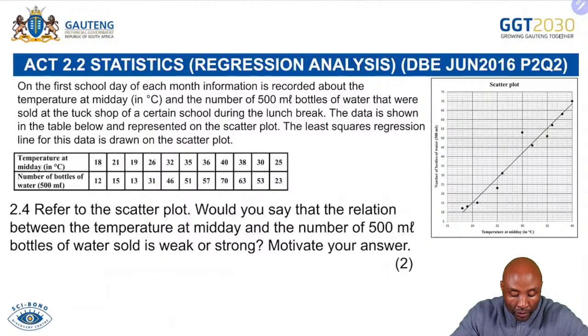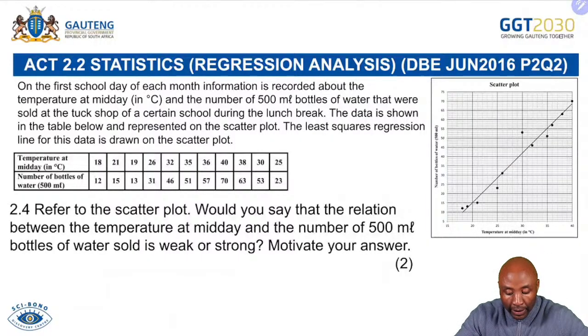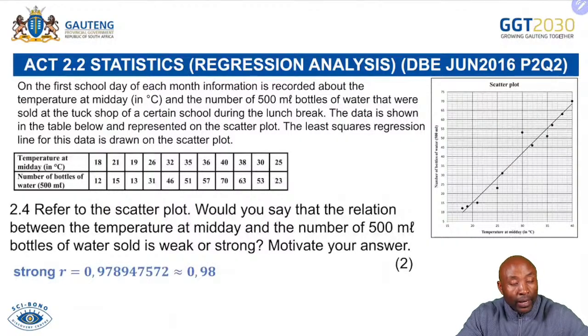Back. So we are referring to the scatter plot. And remember, for us to comment, we should use our correlation coefficient as motivation. So in this case, if you check from our calculators, we should have gotten our R as 0.978947572.